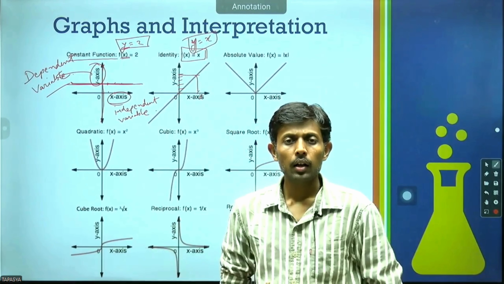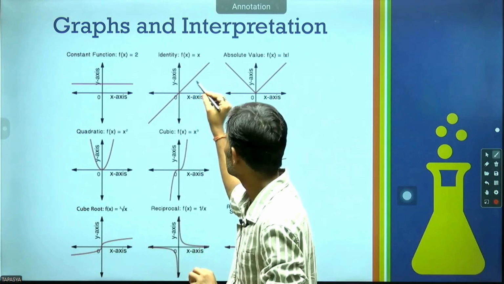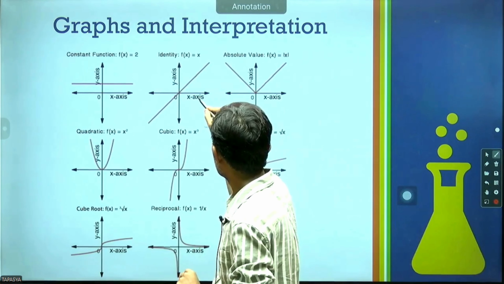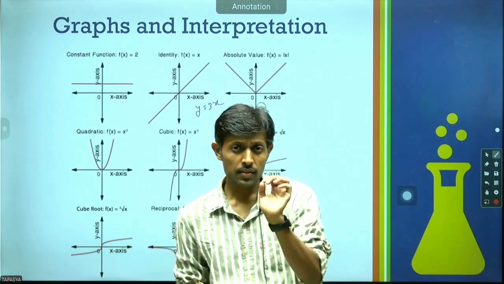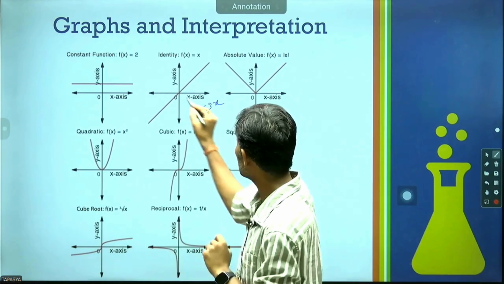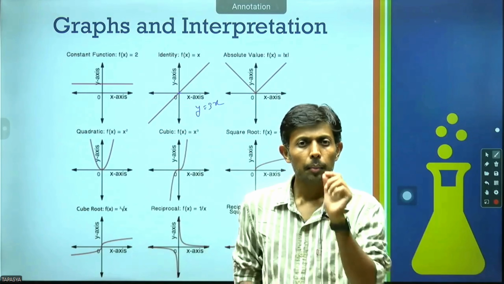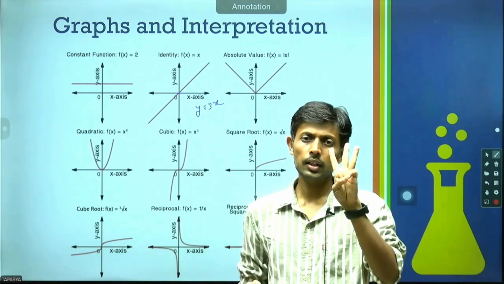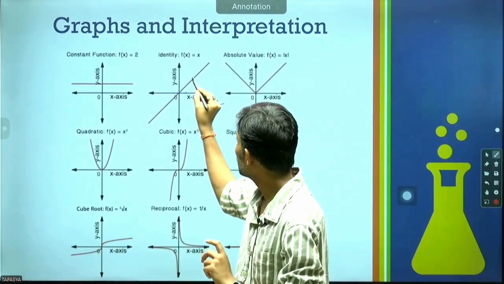What if I have to plot something like y equal to 3x? If x is 0, y would be 0, so one point will definitely be here. But if x is 1, y will be 3, somewhere here.